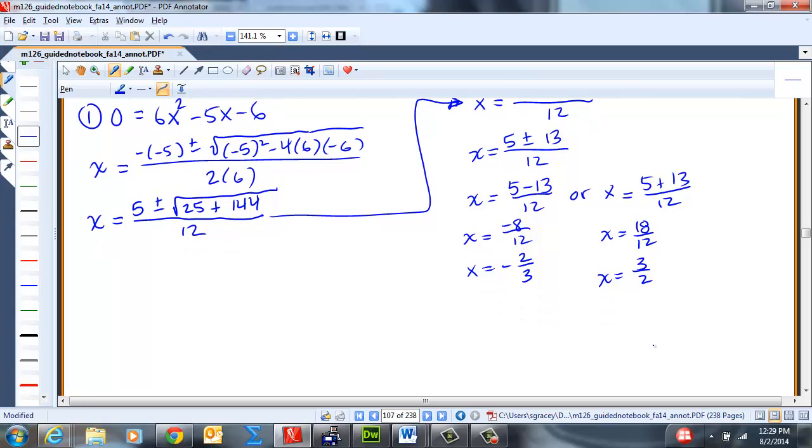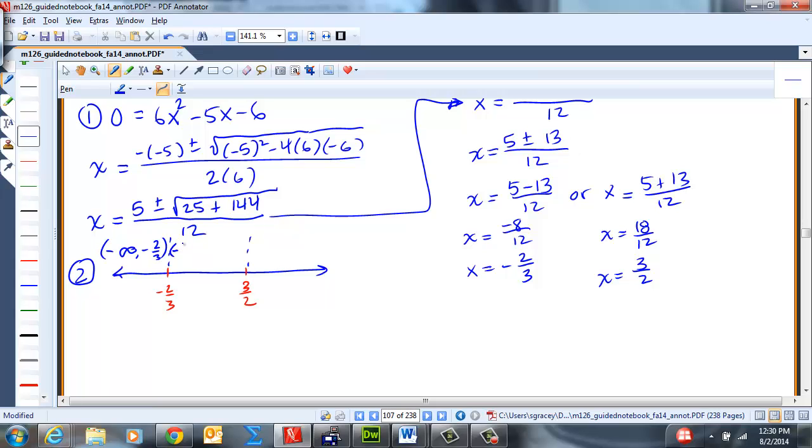Okay, so our second step is make our number line separated by our zeros. So we've got the zeros were negative 2 thirds, remember those are the x-intercepts, and 3 halves. This makes up the following intervals. So we'll have minus infinity to minus 2 thirds.